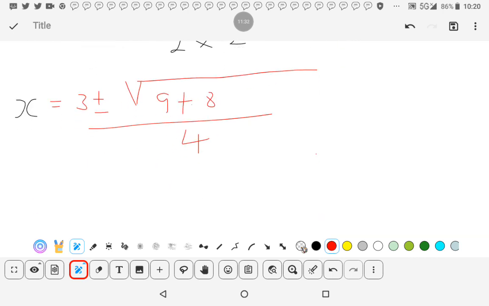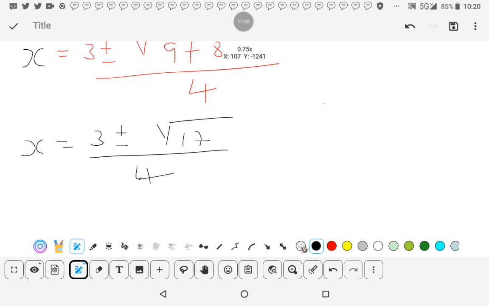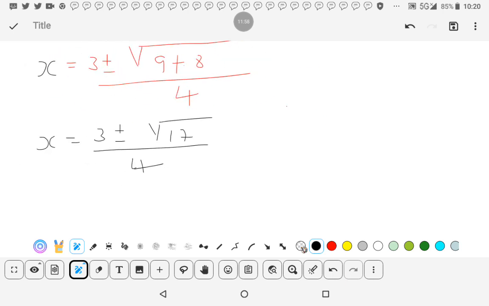So you now proceed. Your next step will be x is equal to 3 plus or minus the square root of 9 plus 8, which will give you 17, all divided by 4. So you can see how fast this is. You're almost done. You now take the square root of 17, and then you simplify it further.